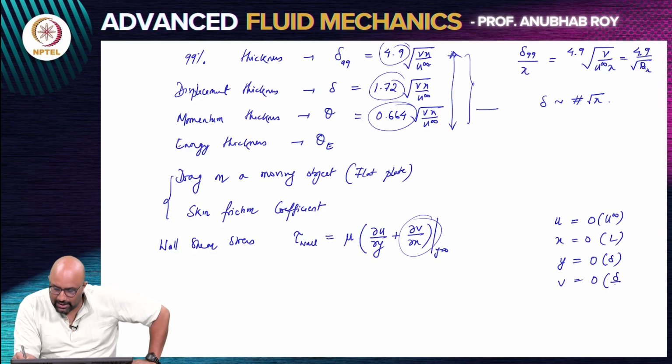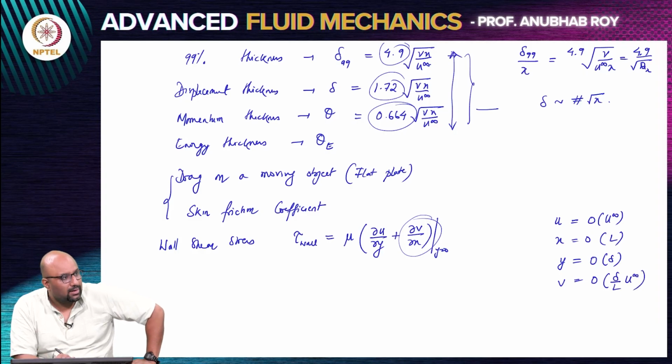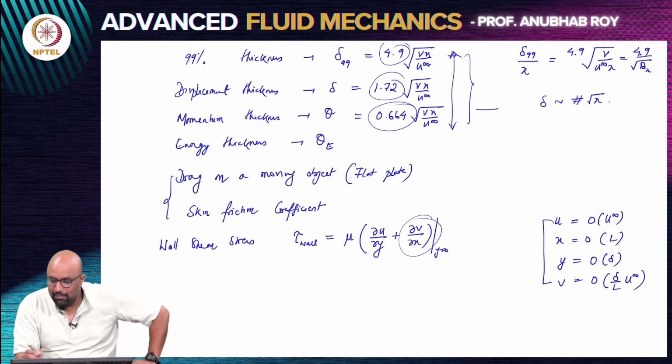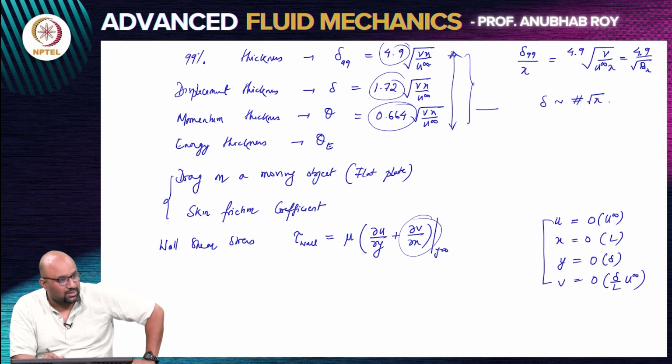It would be delta by L times u infinity, right? If it has to satisfy mass conservation, this can be argued purely from mass conservation. Dou u dou x plus dou v dou y is equal to 0. So, if u scales as u infinity, x scales as L, then the boundary layer thickness is delta. That means v should scale as delta by L times u infinity. There is no escaping this.